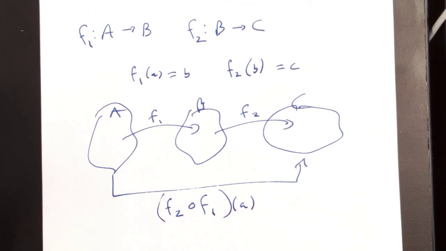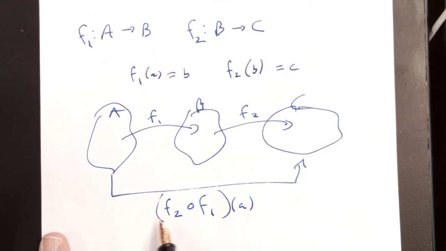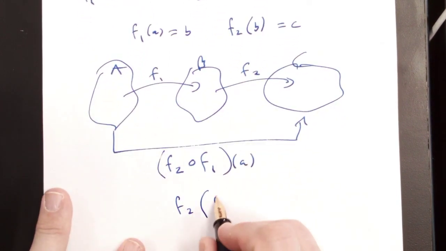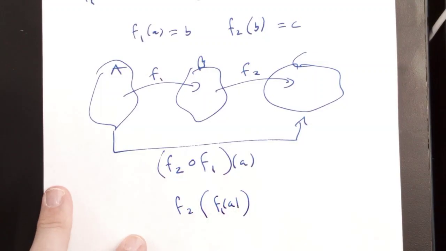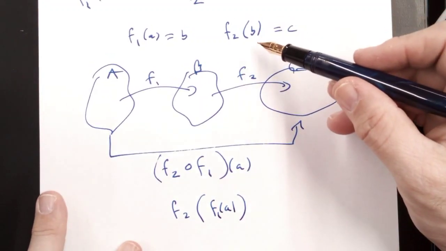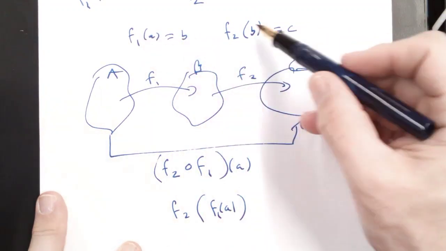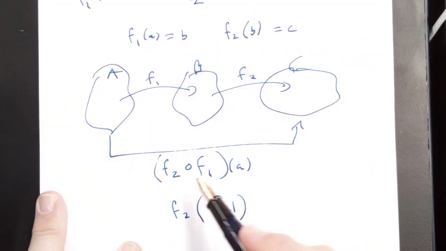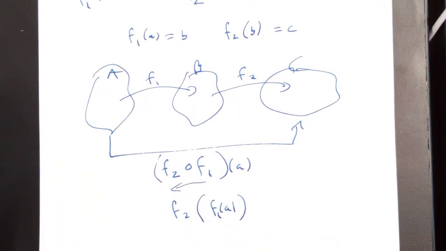Notice the order. I'm working from the inside out. It's really f2 of f1, because that's f2 of b, isn't it? f1 of a, that was b. Aha, so it's from the inside out. We read this way. Almost always, order matters here. So f2 of f1 is different than f1 of f2.